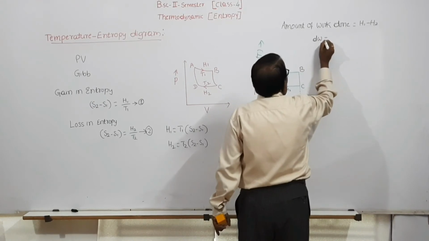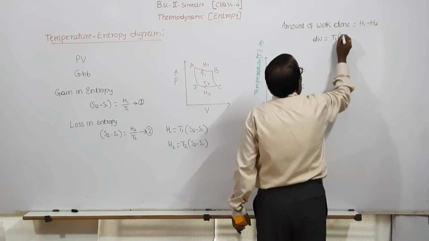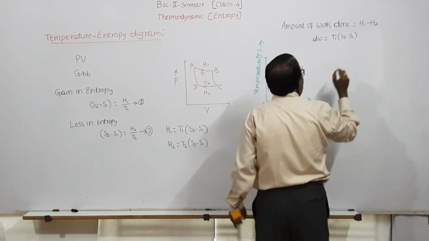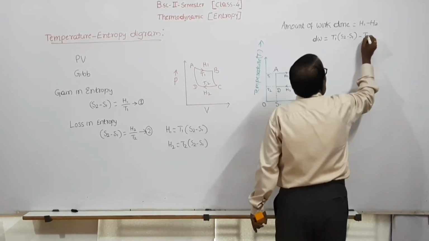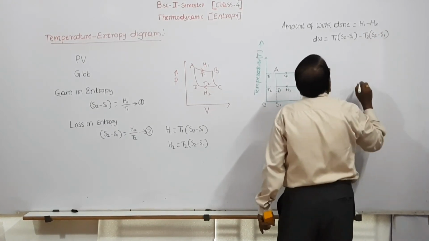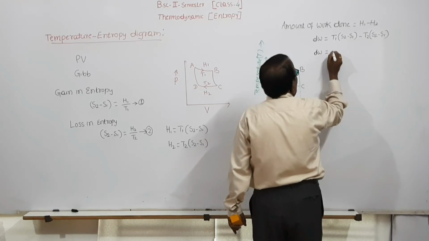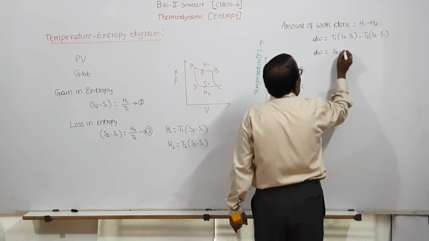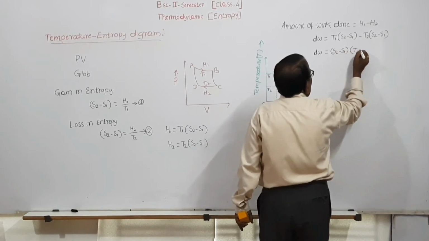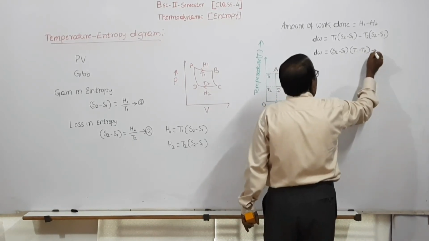H1 is T1 into S2 minus S1, minus T2 into S2 minus S1. Or the amount of work done dW is equal to S2 minus S1, taken outside, times the bracket T1 minus T2. Call this equation 3.